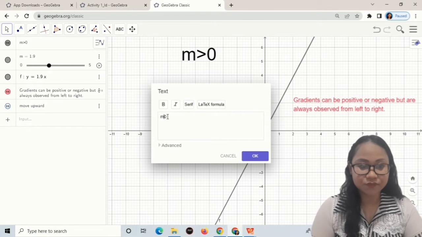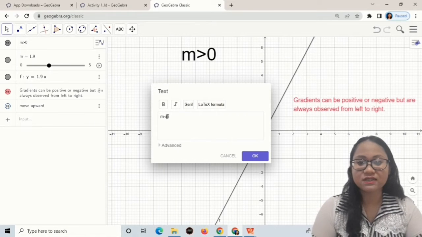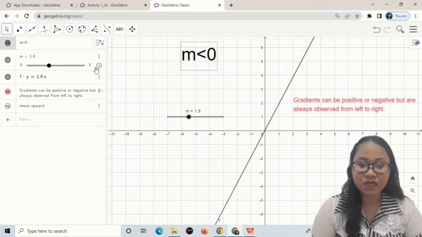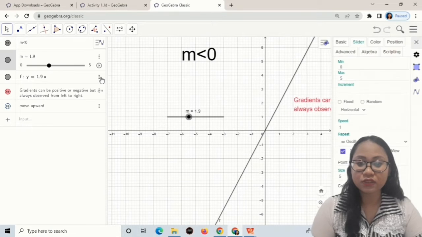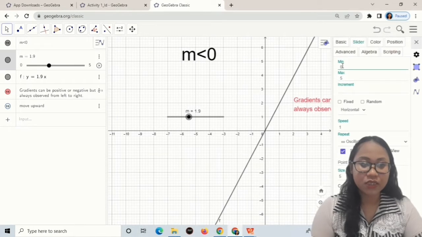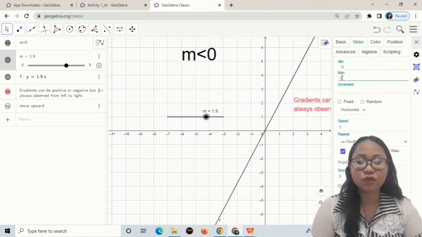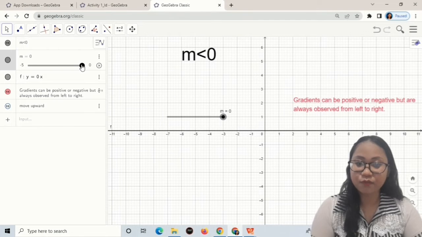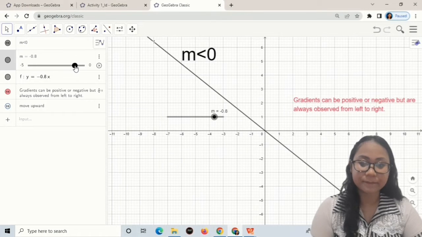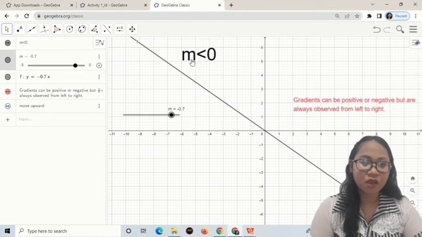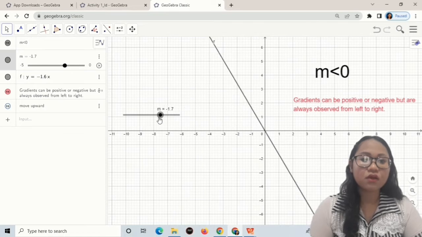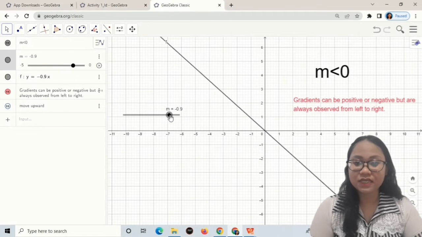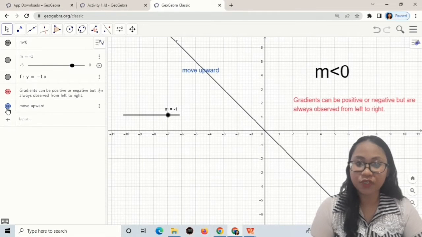As usual, we need to change the setting of slider m first to fulfill the condition, with minimum equal to -5 and maximum equal to 5. What can you observe when I move the slider m? It can clearly be seen that the straight line is moving downward.